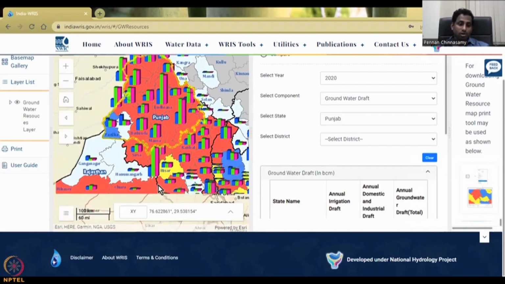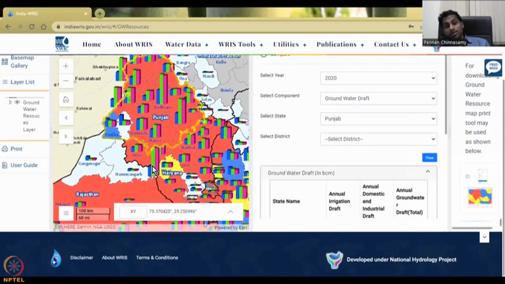Look at this, it is very bad. For example, 30 billion cubic meters is coming in, but you're using 70 to 80 billion cubic meters, which means you're doubling, tripling the groundwater use. You are using the annual draft and also taking more from the storage of the aquifer.